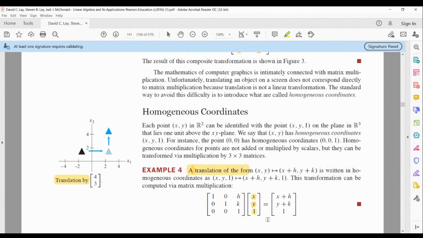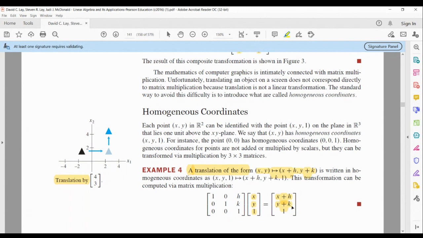So if you look at example 4 here, let's say you want to take a coordinate xy and translate it to a new position, x plus h, y plus k. x gets transformed into x plus h, y gets transformed into y plus k.